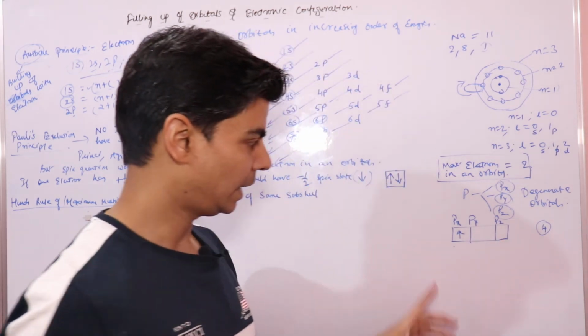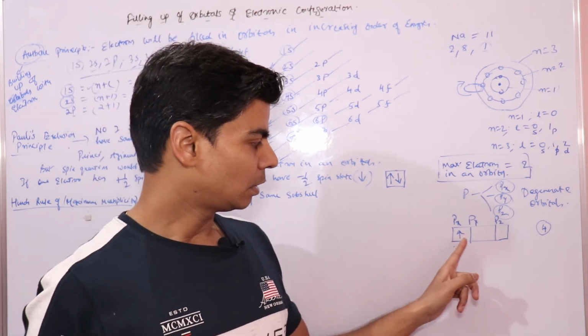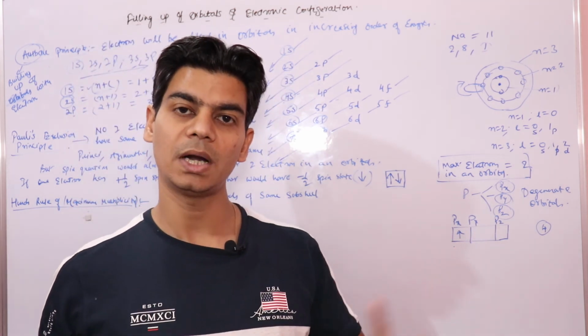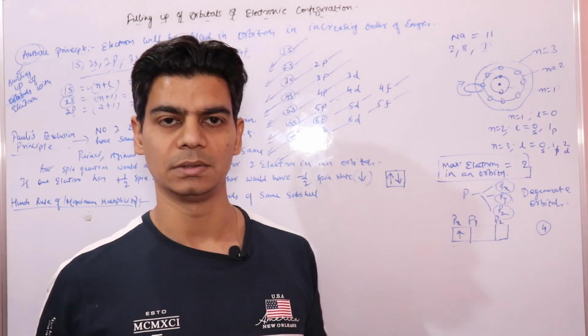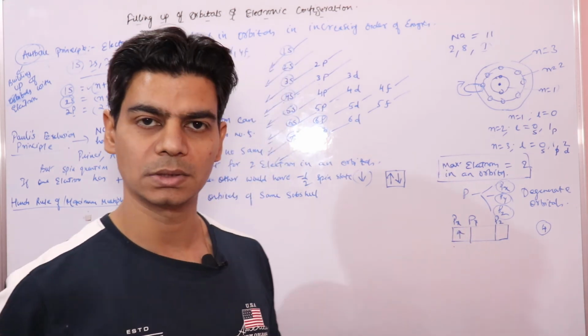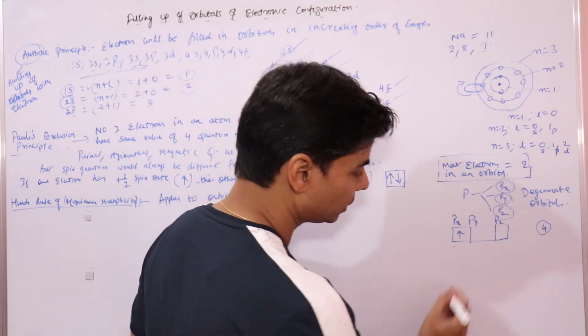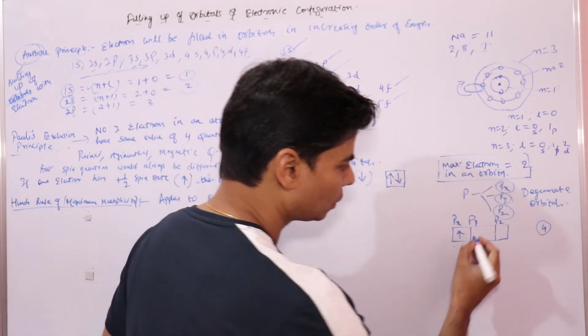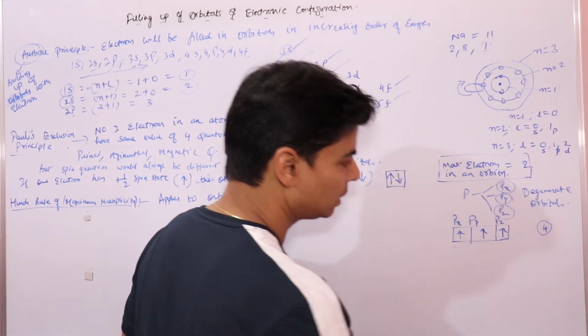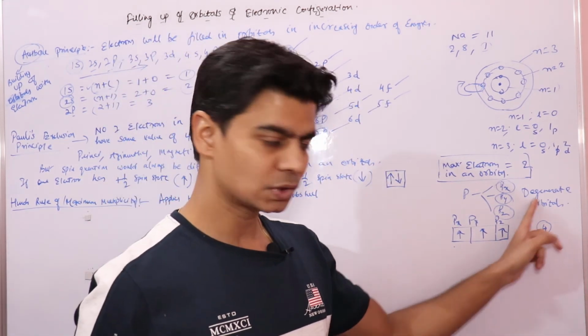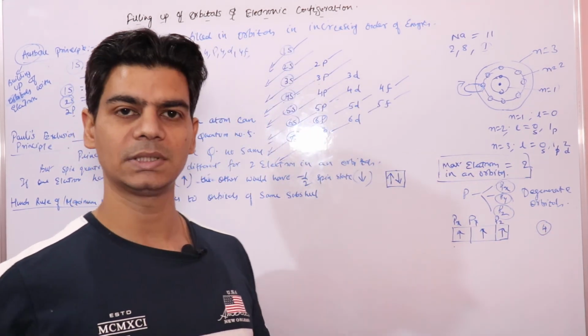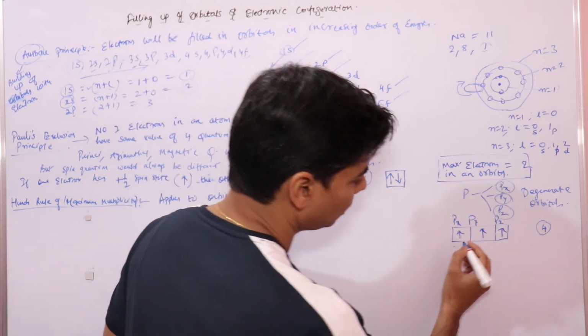These orbitals are degenerate orbitals. So first, as per Hund's rule, I need to have the maximum number of unpaired electrons in the p subshell, in each of the orbitals. So first I will fill one electron each. Now 1 electron is left. Now I will start pairing.